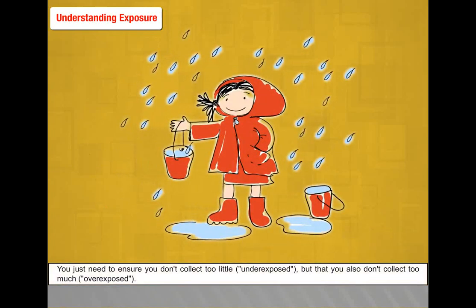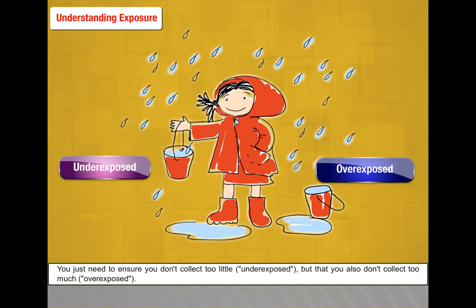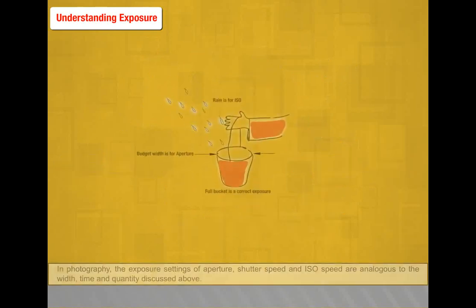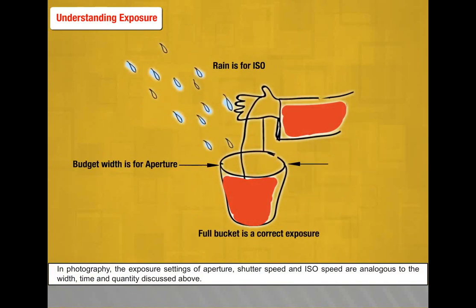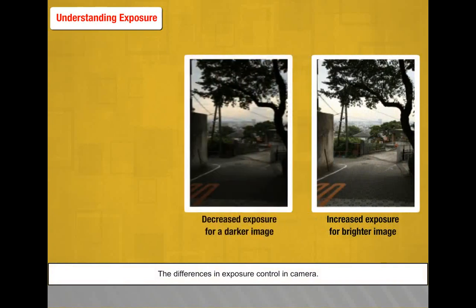You just need to ensure you don't collect too little, underexposed, but that you also don't collect too much, overexposed. In photography, the exposure settings of aperture, shutter speed, and ISO speed are analogous to the width, time, and quantity discussed above. The differences in exposure control in camera.